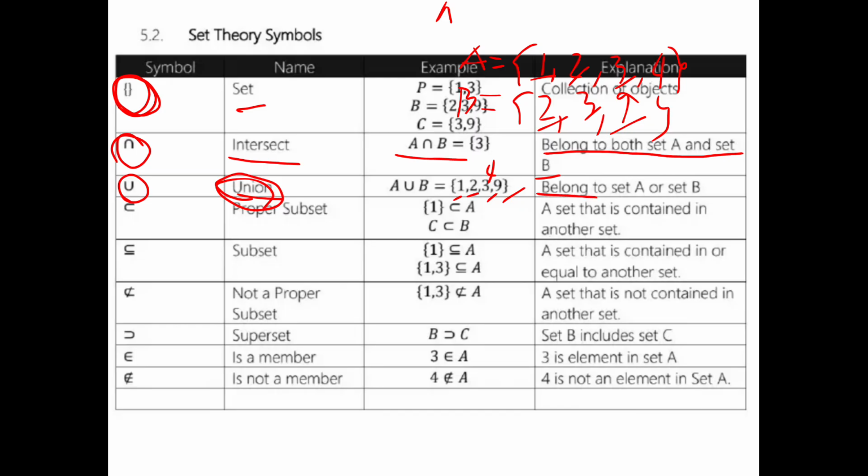Again, from the word union, you combine them. The difference from intersection is that in intersection, whatever value is the same belongs to both A and B. That is what intersection is. And then union is where you combine. What belongs to set A or B, you unite it.